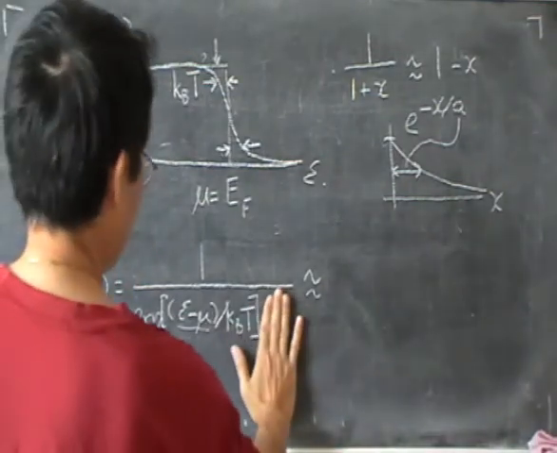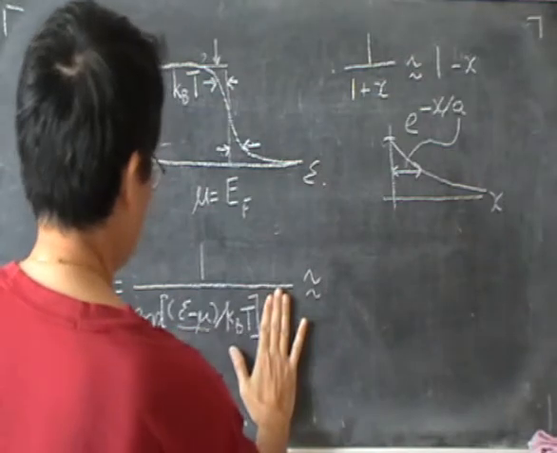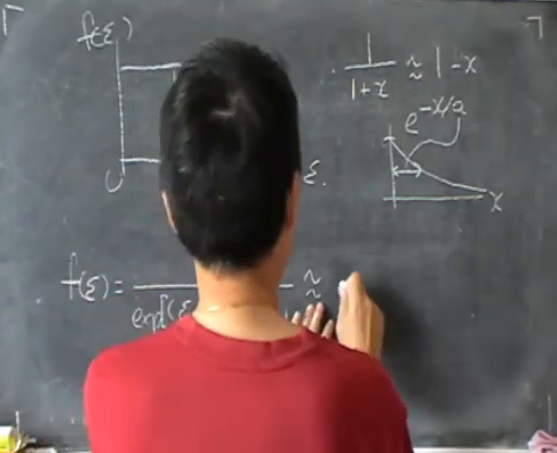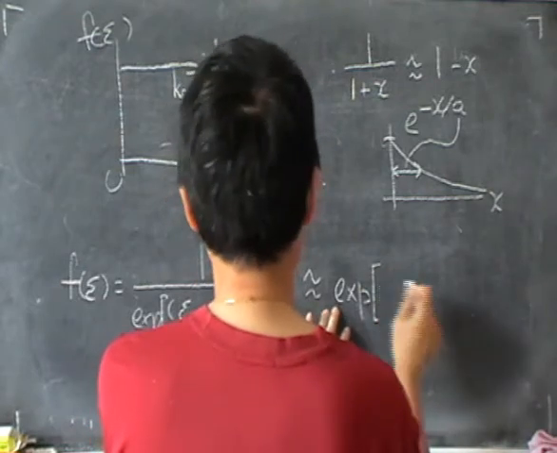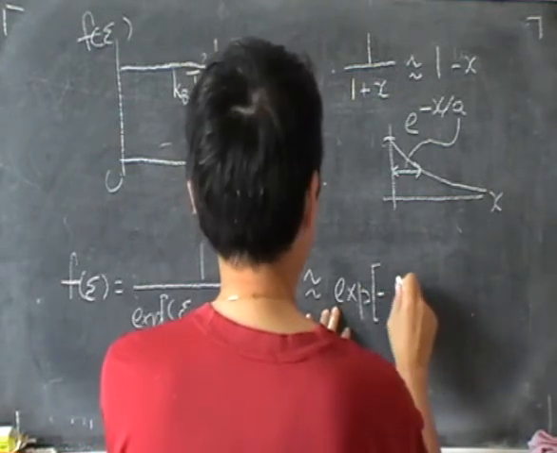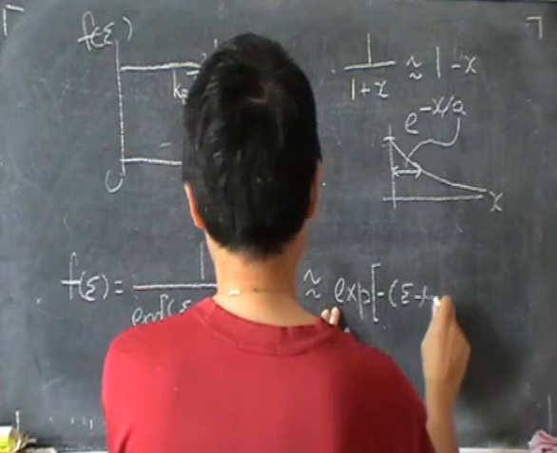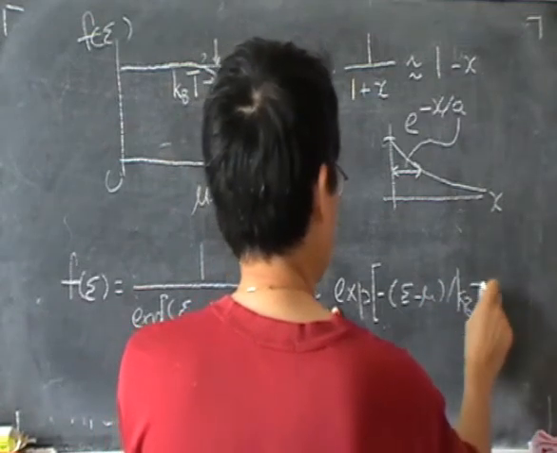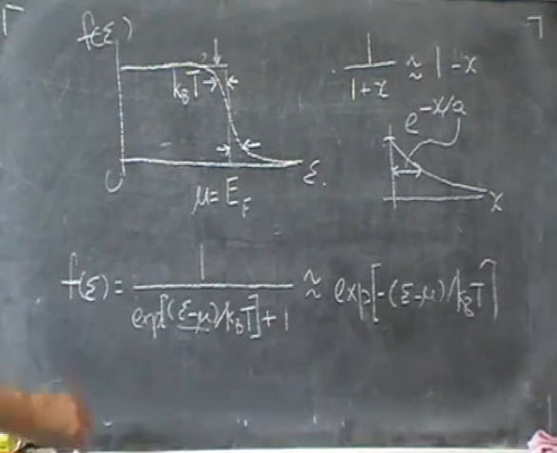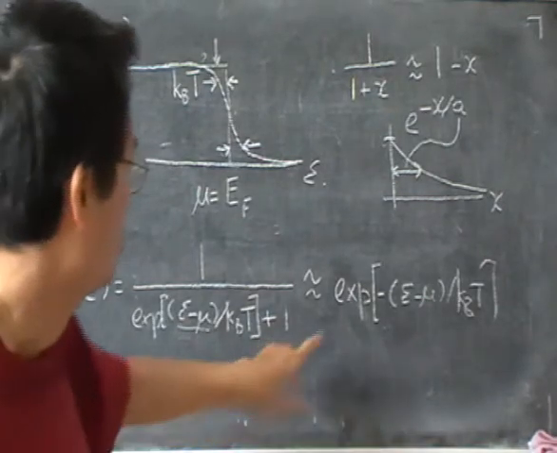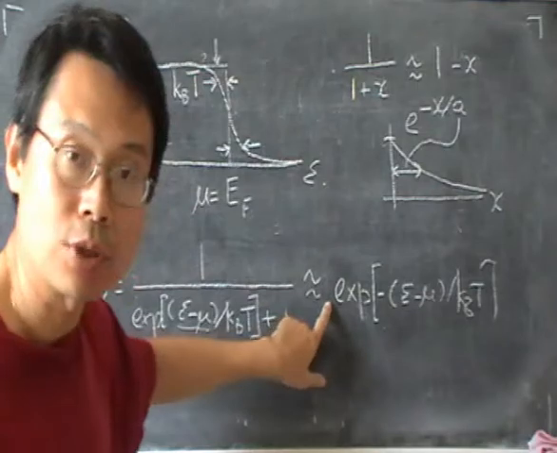So I can neglect that, and all I have is 1 over this exponential, which I can therefore write down as exp of minus the argument. So this is what I get. That's even simpler than before. I don't have an extra term of 1 anymore.